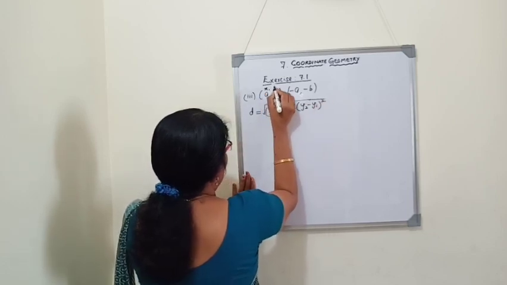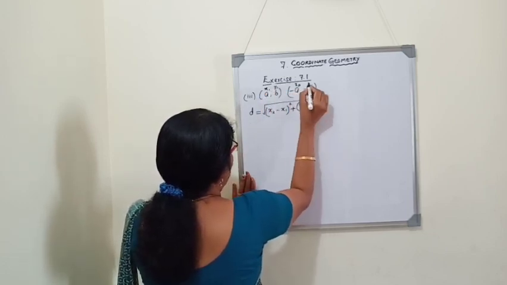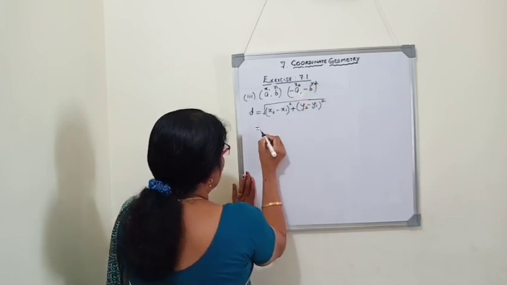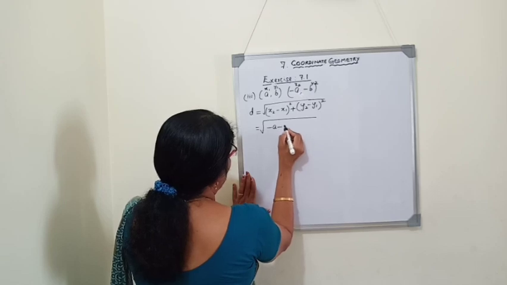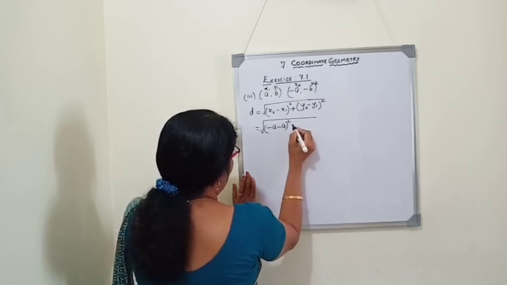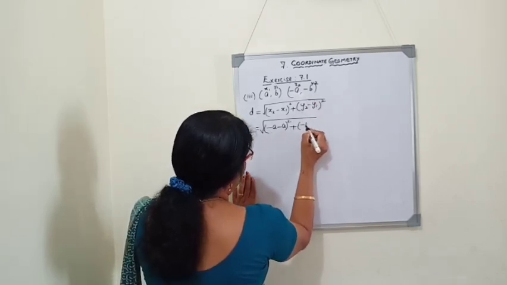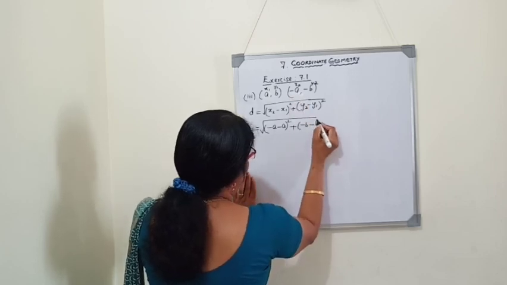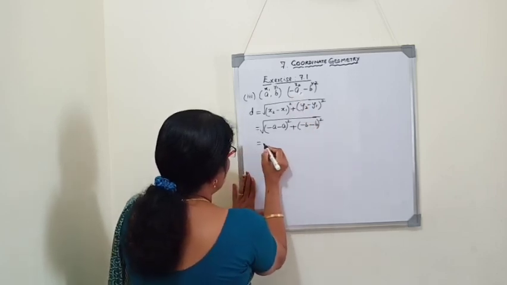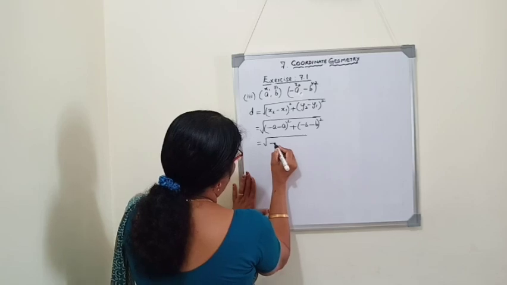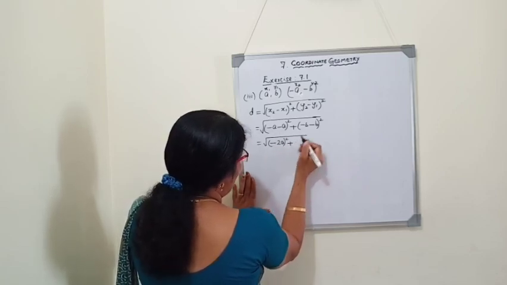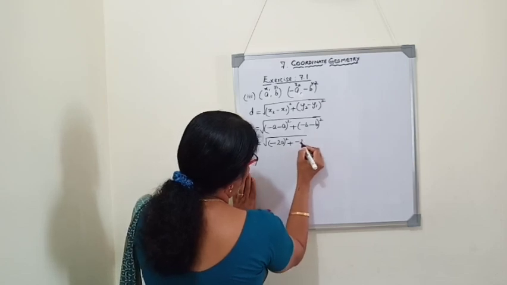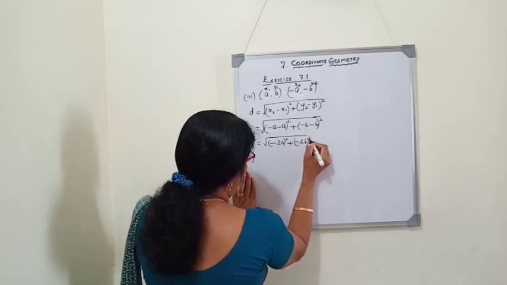This as x1, y1 and this as x2, y2 equals square root of x2 minus a the whole square plus y2 minus b the whole square equals square root of minus a becomes minus 2a the whole square plus minus b becomes minus 2b the whole square.